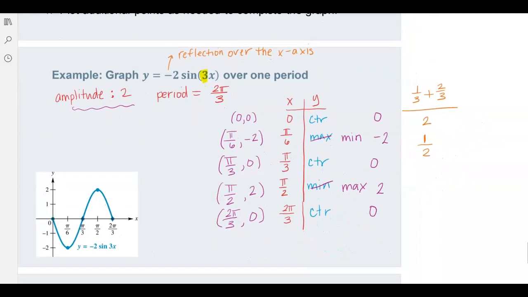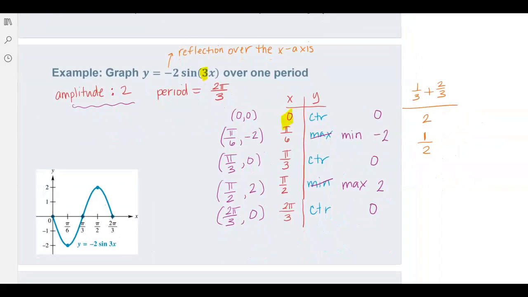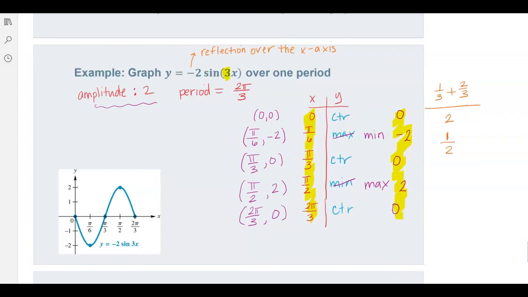Again, I'm looking at the x values that I found from splitting the period up into 4 chunks, and then the final y coordinates that I found by figuring out what the pattern is that it's following. And you can see that I get this graph over here on the left.